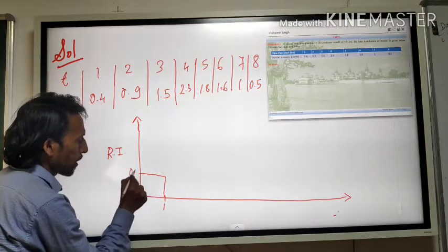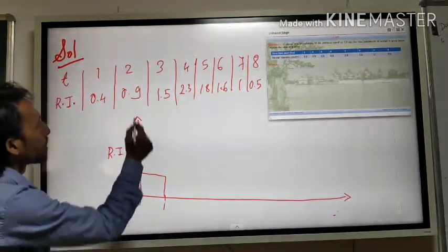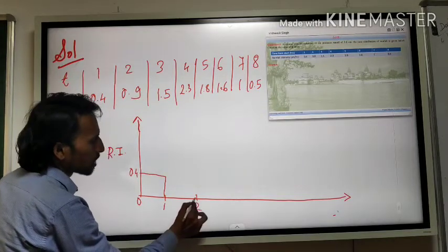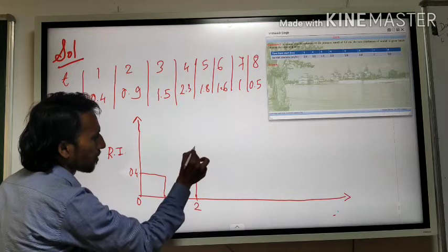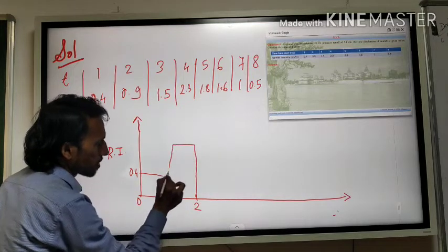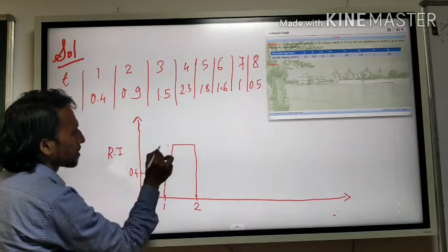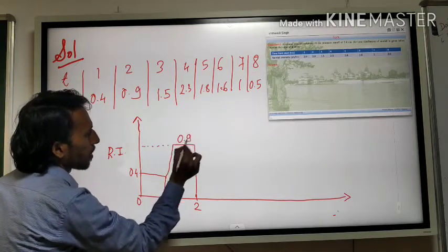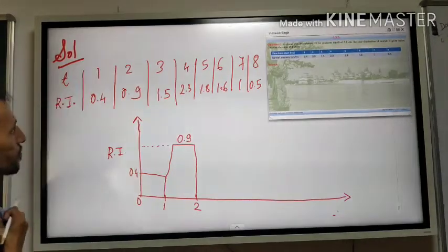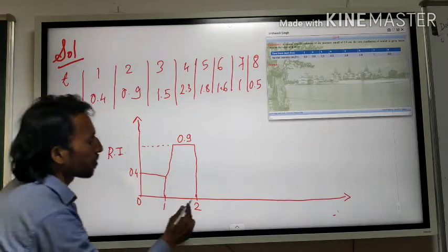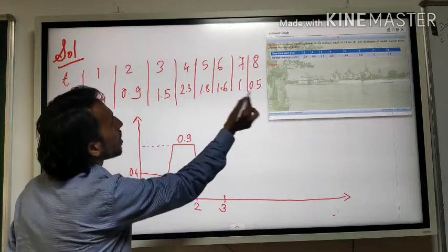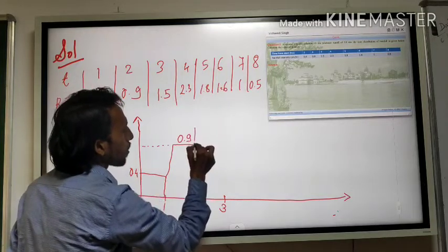Then from 1 to 2, it is 0.9. Then from 2 to 3, it is 1.5.